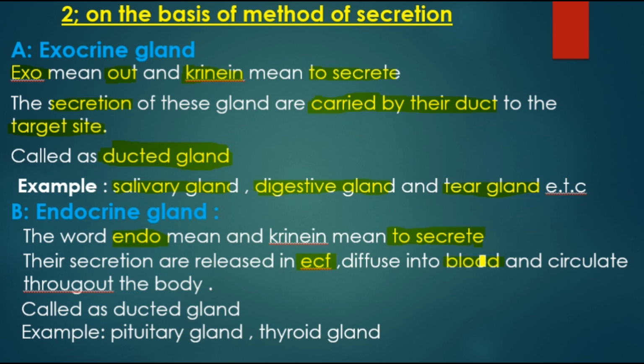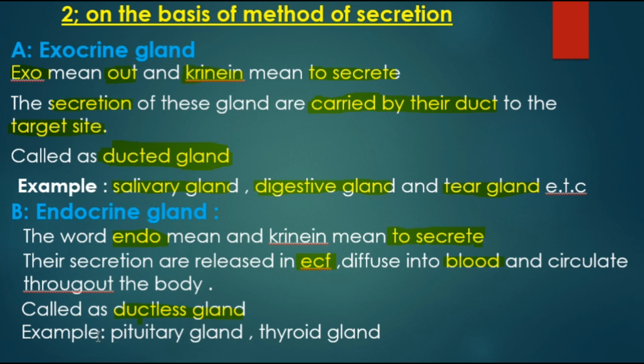Through the blood it circulates through the body and reaches a target site where it performs a specific function in the body. Such types of gland are called endocrine glands. Another name used for the endocrine gland is the ductless gland.